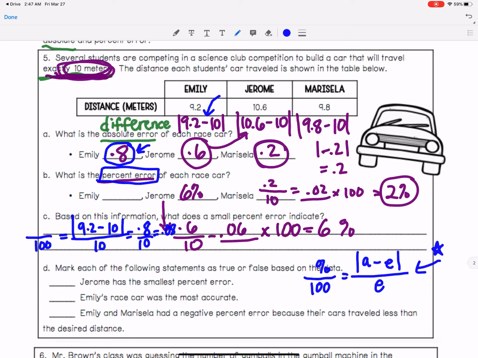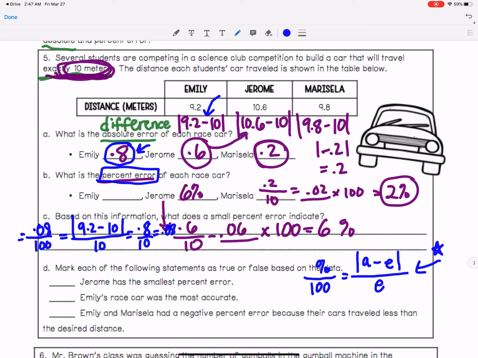And now all that's left to do, 0.08 out of 100, that's going to give us a percentage. That gives me 8%. So what that means here, Emily's percent error is 8%.